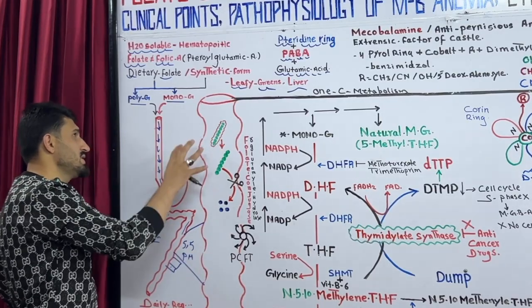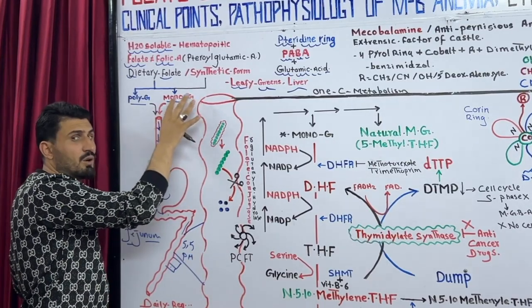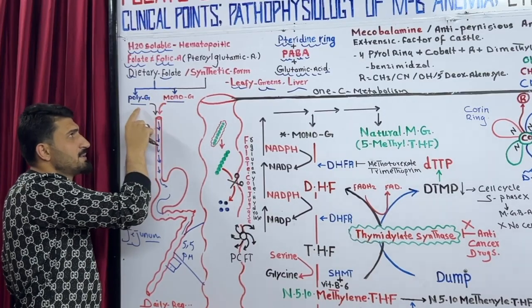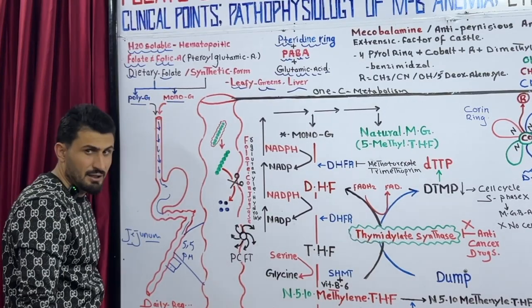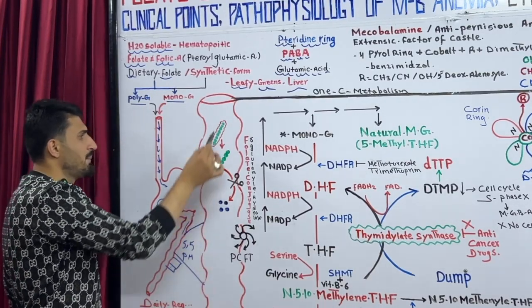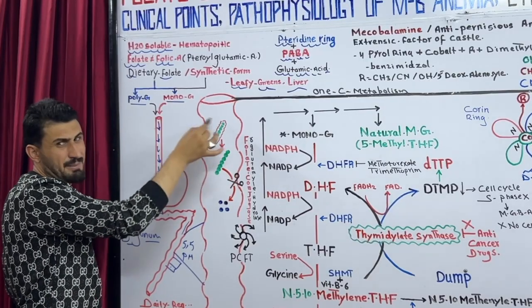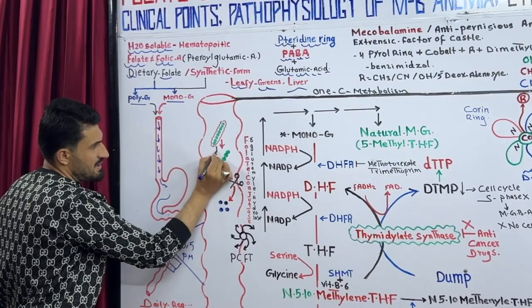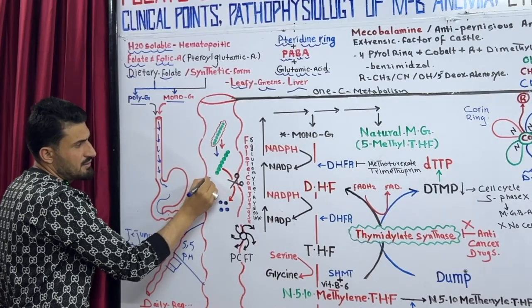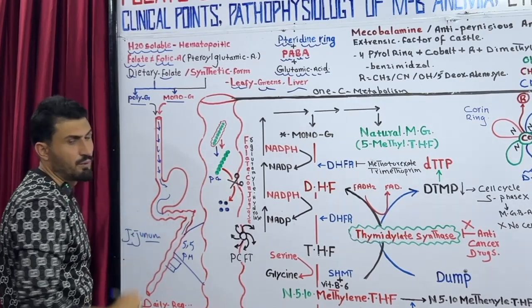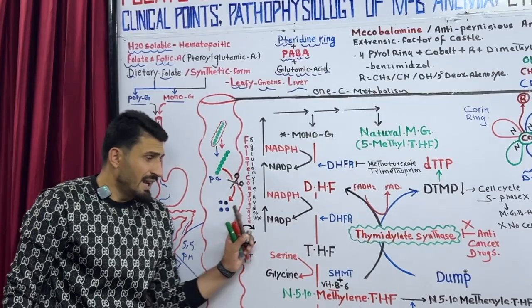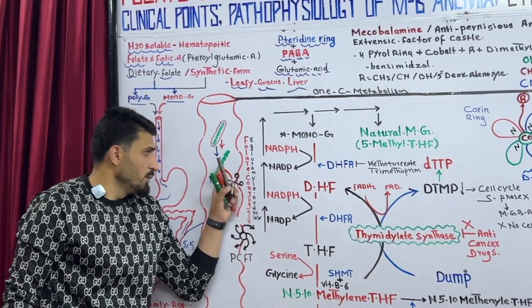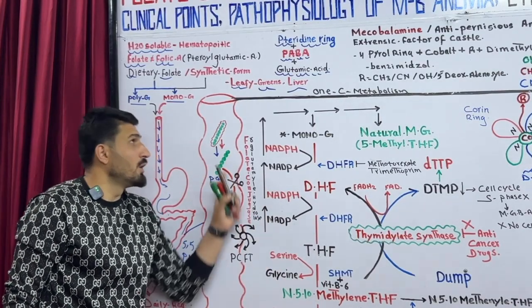Now when we take folate, specifically the polyglutamic type of folate, plus we have some proteins and some other things around it, first of all we will digest it. Now we have this polyglutamate form. We cannot absorb the polyglutamate form of folic acid.